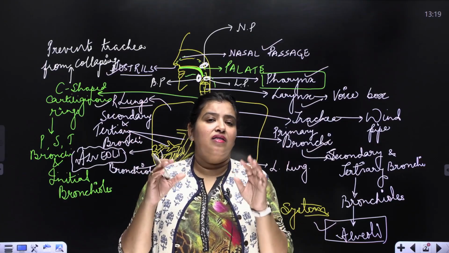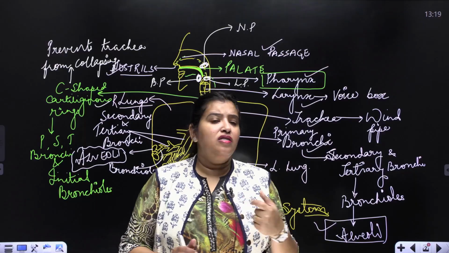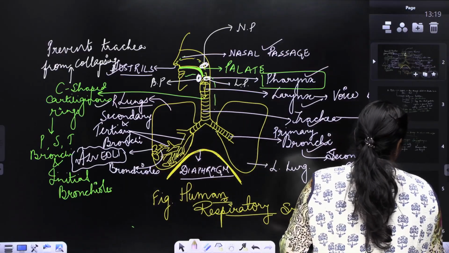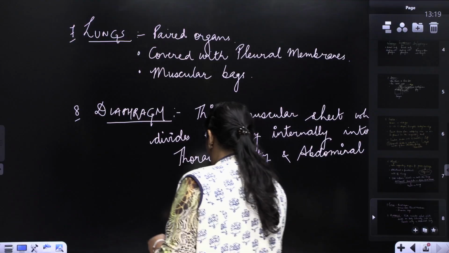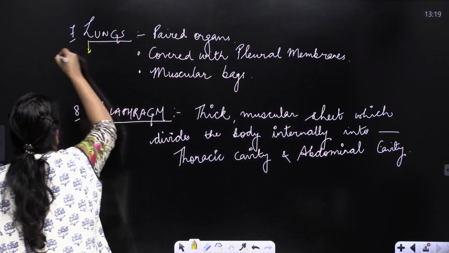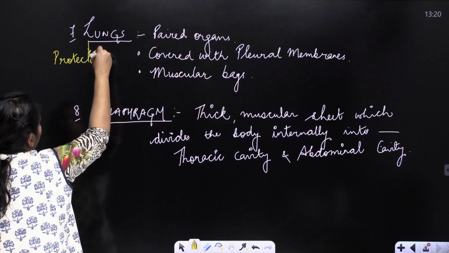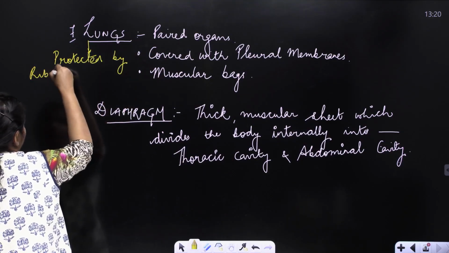At the back, the protection shield is the vertebral column, and in the front, we have sternum or the breastbone. So here I want you to make a note of this too, how the lungs are kept protected besides the membrane.